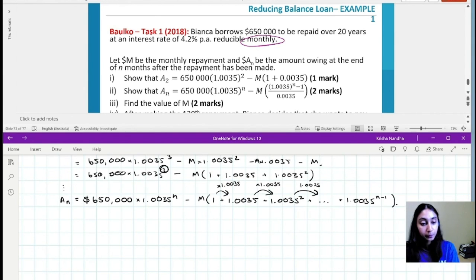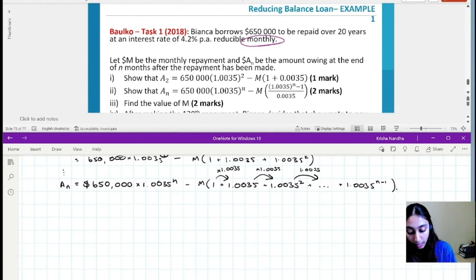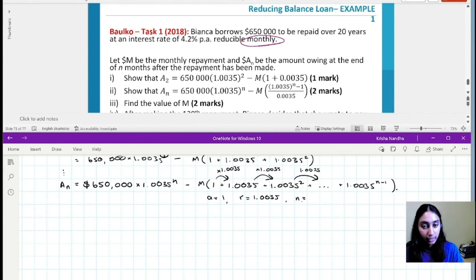So with that in mind, I could say that my first value, my A, is equal to 1, my R is equal to 1.0035, and my N, the number of terms that I have... a lot of people will think that it's just whatever the highest power is.